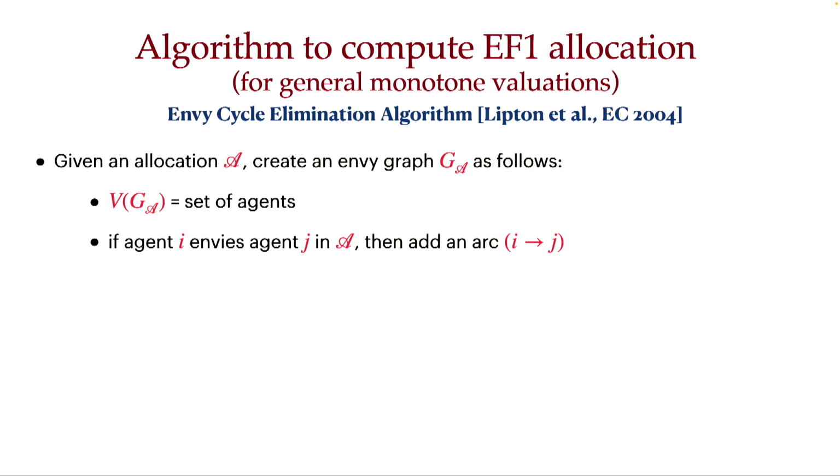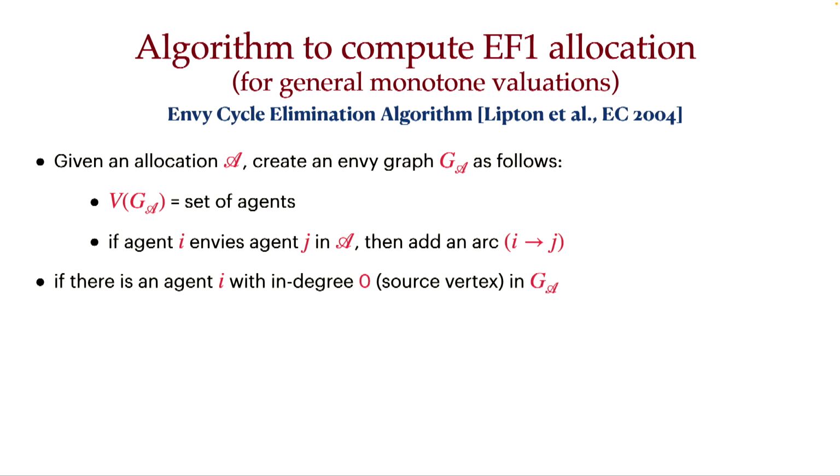Now, what you will do, if there is an agent with indegree 0, which is called a source vertex, from now onwards I will say source vertex, then you will just assign any unallocated item to this person.